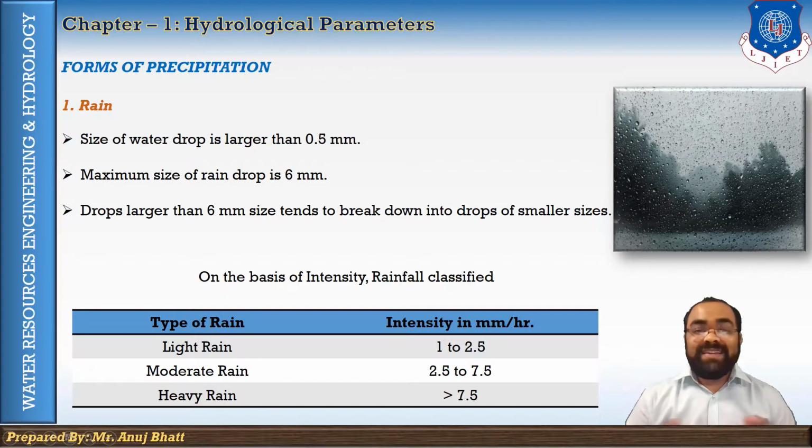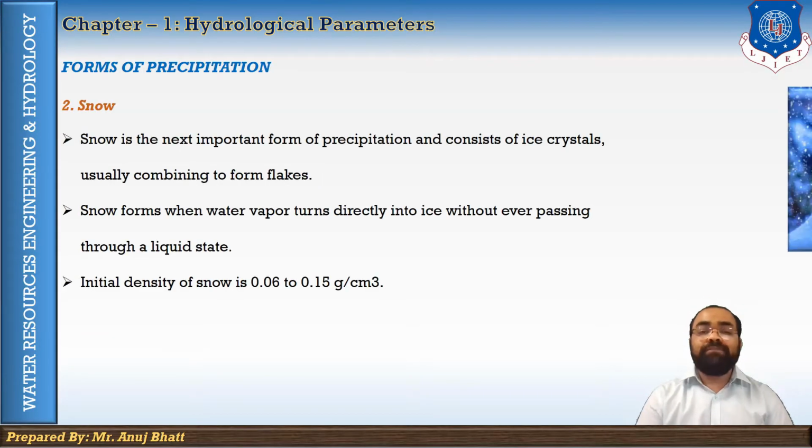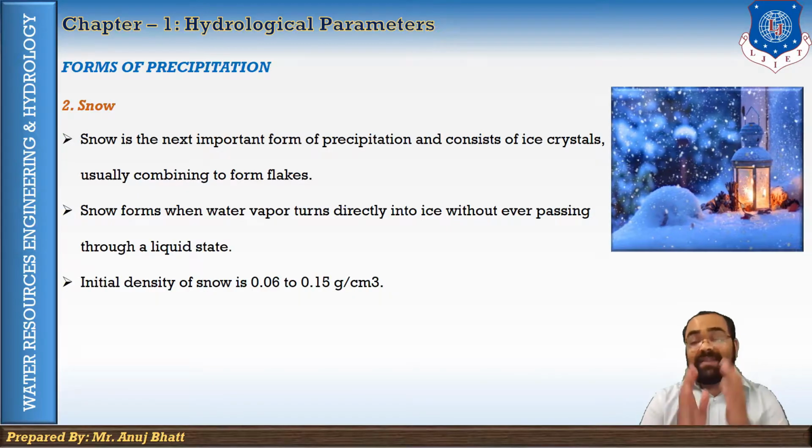Okay, the next form of precipitation that we will discuss is snow. Snow is the next important form of precipitation, and it consists of ice crystals that usually combine to form flakes.